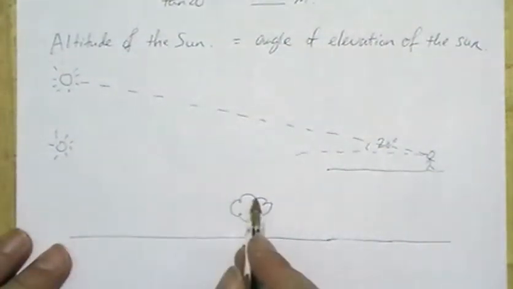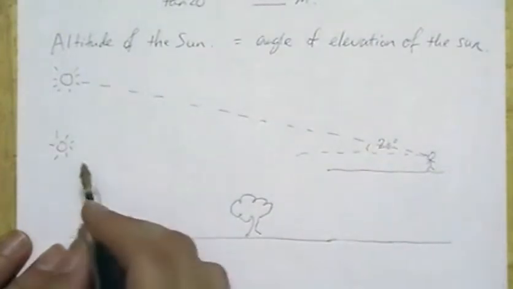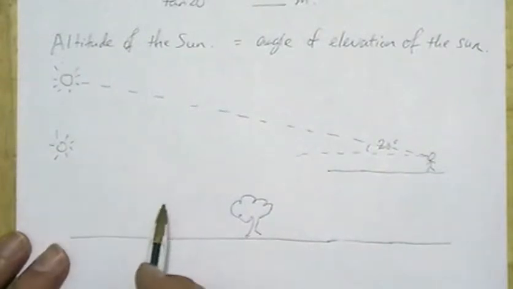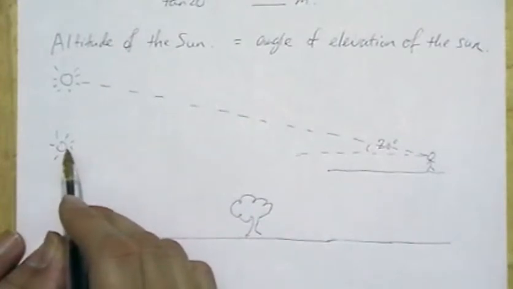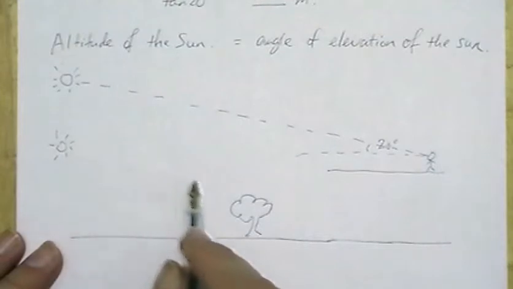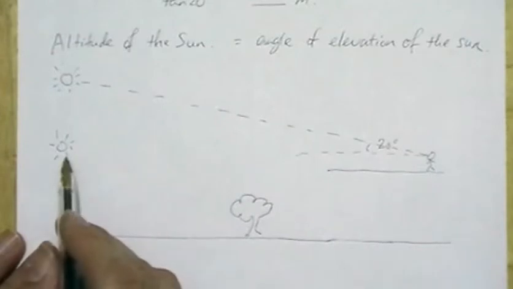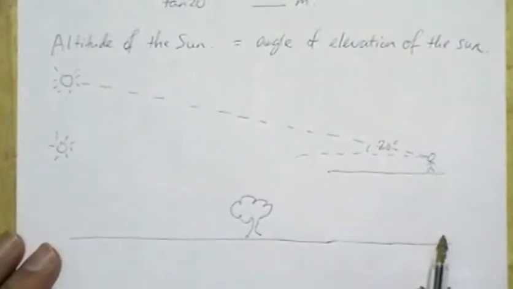So if the angle of elevation of the sun is 20 degrees, that means that if I draw a line from the sun to anywhere on earth, I can draw the line to the top of the tree, I can draw the line to the bottom of the tree, I can draw the line to another place.